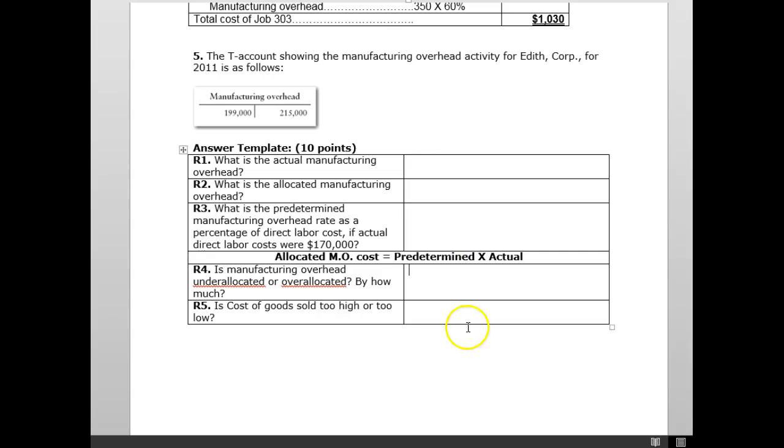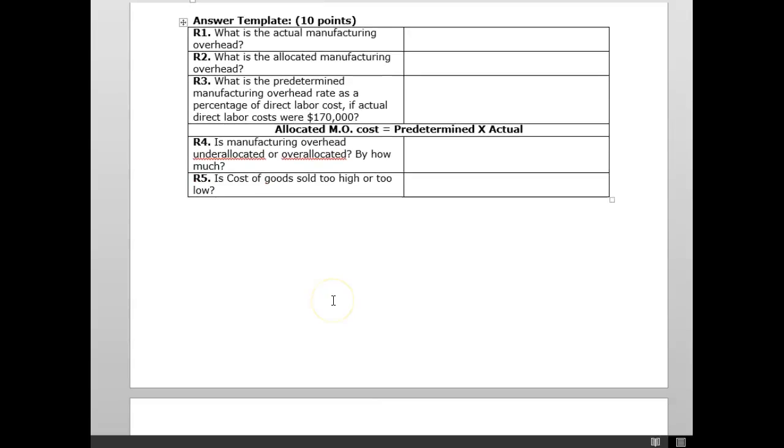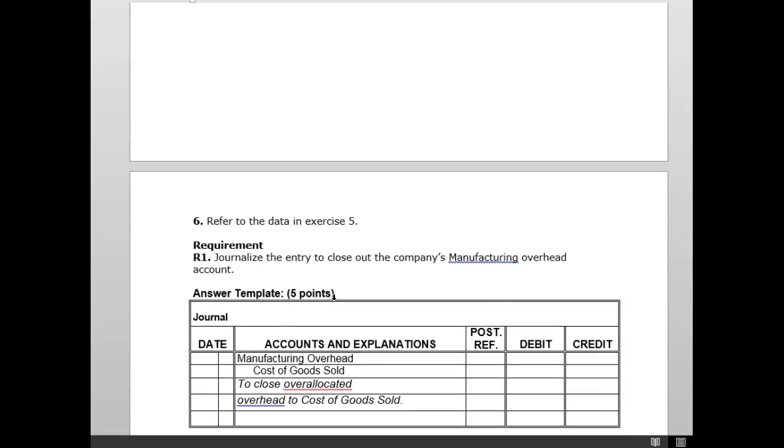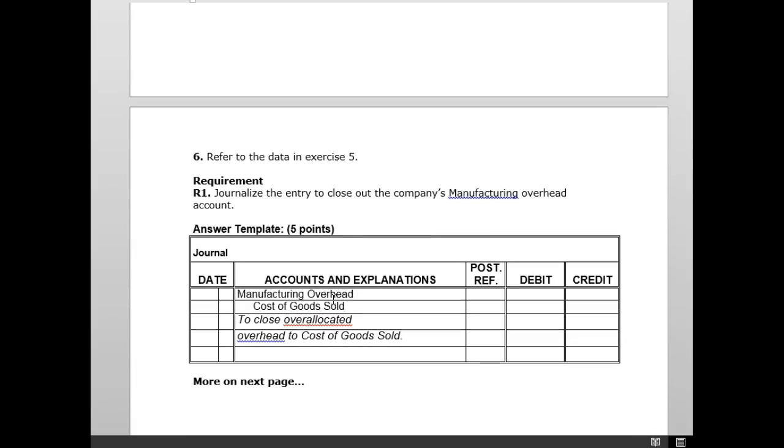Now, the question becomes, what does that do to the cost of goods sold? This has been applied to the cost of goods sold. It's 215,000. It's really 199,000. So is cost of goods sold too high or too low? You decide.